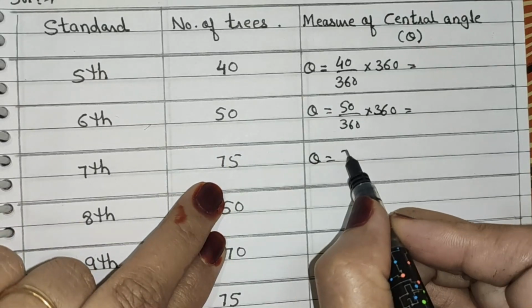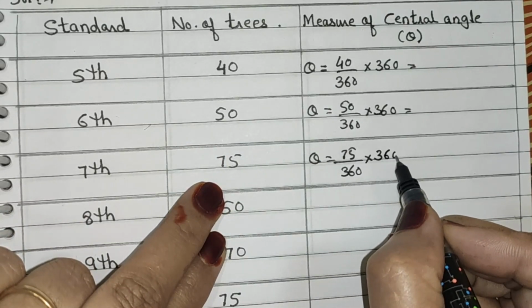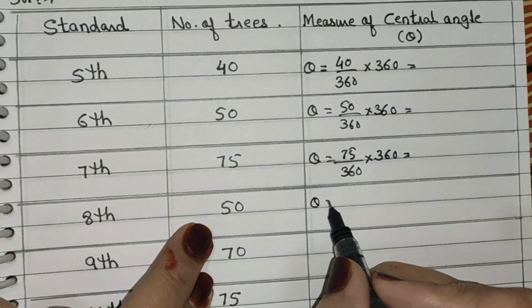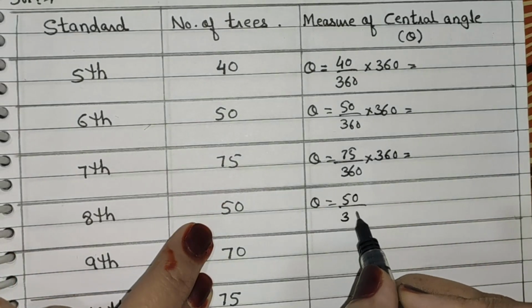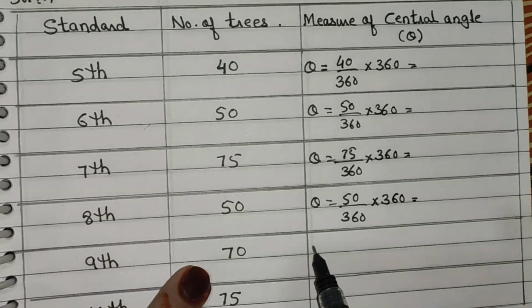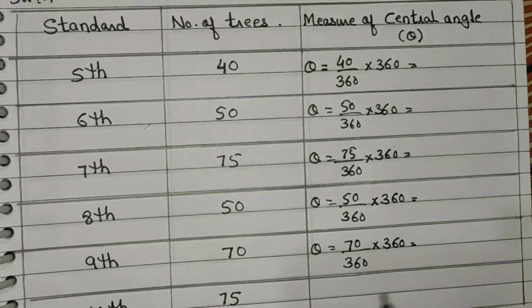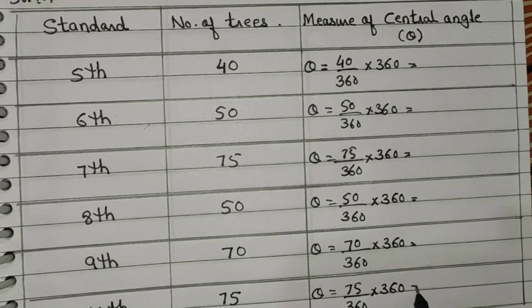Next one is 75 upon 360 into 360. Next one is 50 upon 360 into 360. Next one is 70 upon 360 into 360. Next one is 75 upon 360 into 360.